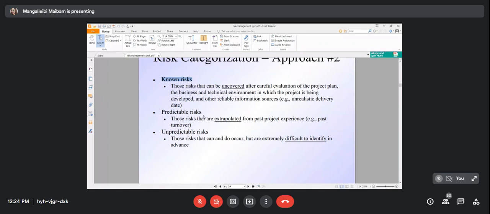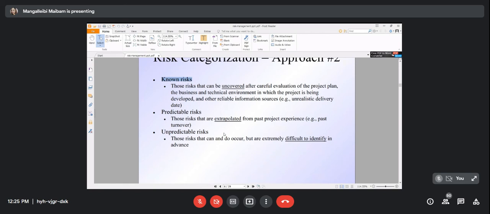So next one is predictable. Predictable risks are those which we can predict or analyze based on our past experience, based on our historical data, or based on our observed data. We can analyze the risks, for example, sales in the season of festivals. So now Diwali is coming.